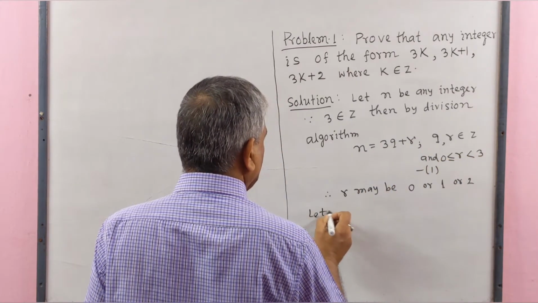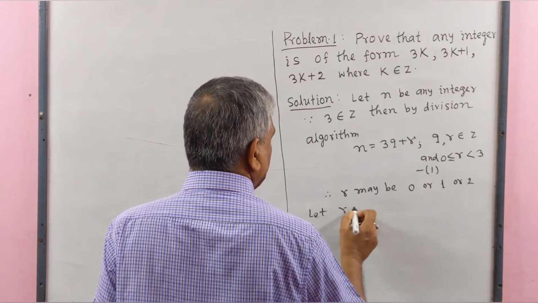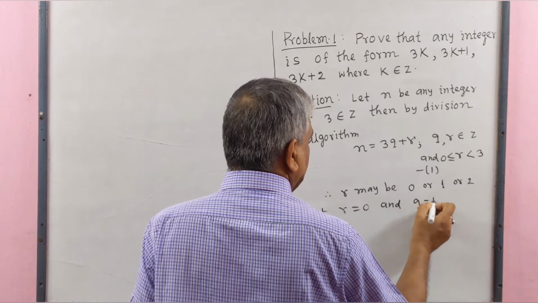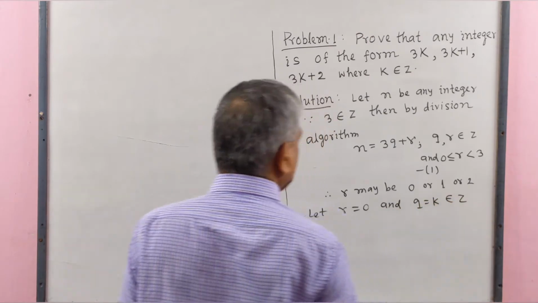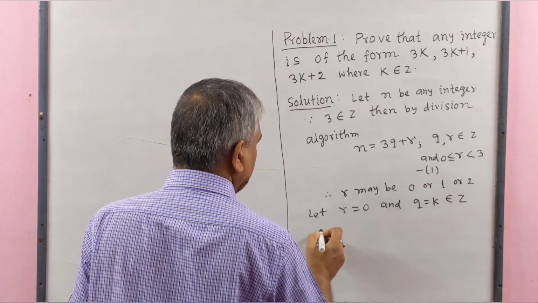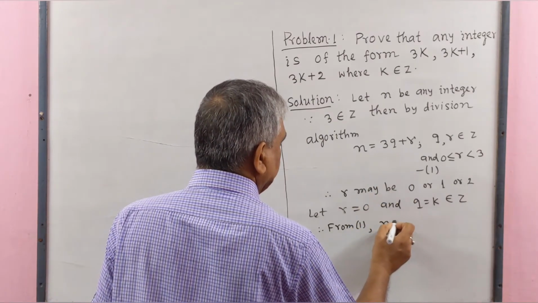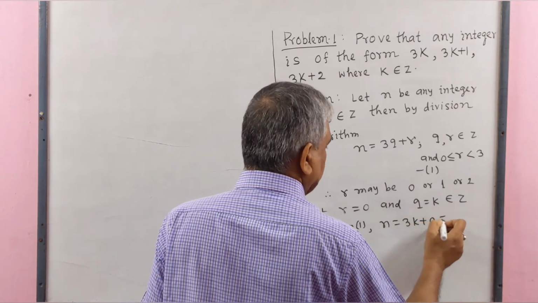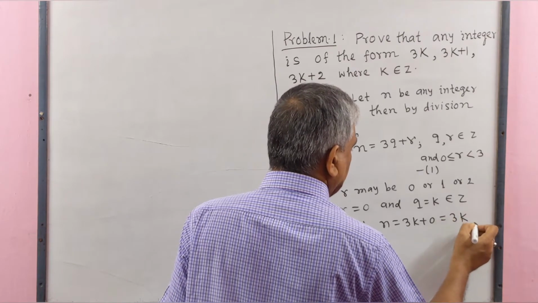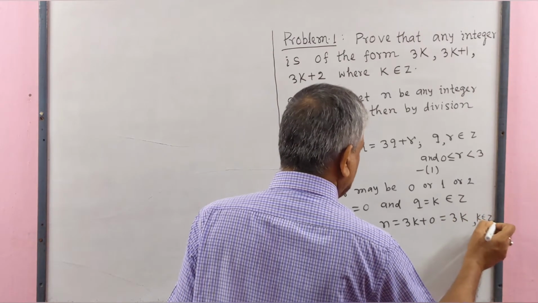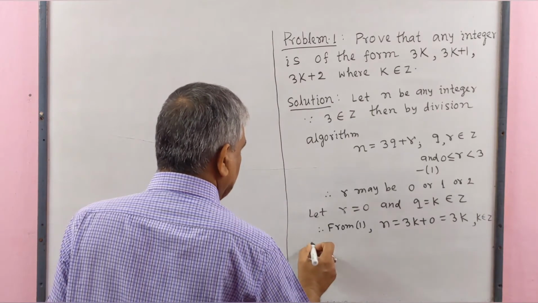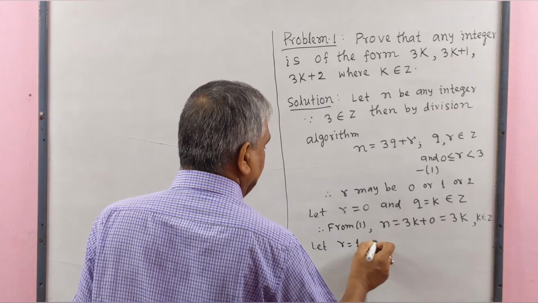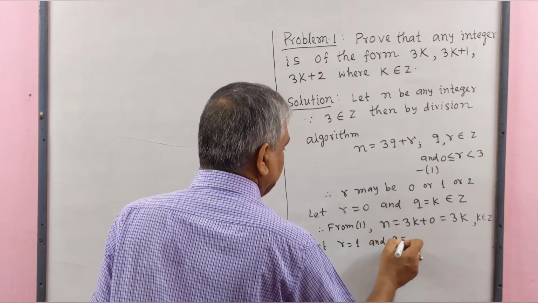Let r equal to 0 and q equal to k belongs to Z. Then from 1, n equal to 3k plus 0 equal to 3k, k belongs to Z. Let r equal to 1 and q equal to k.